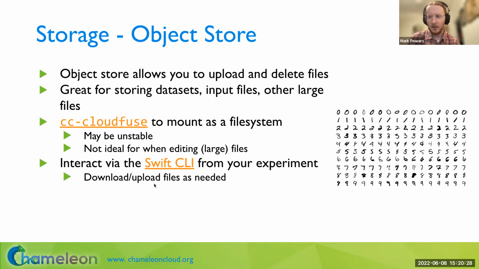So for your machine learning program, what you could do is, only once you need an input image, that's when you invoke the Swift library and it'll download the input you need, only when you need it. And then once you have some results, you can upload those back to the object store. And this should work great for that use case.